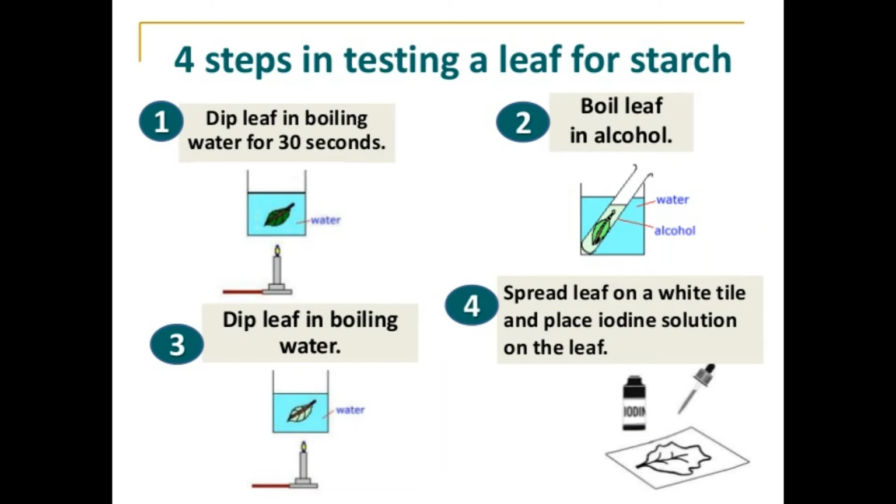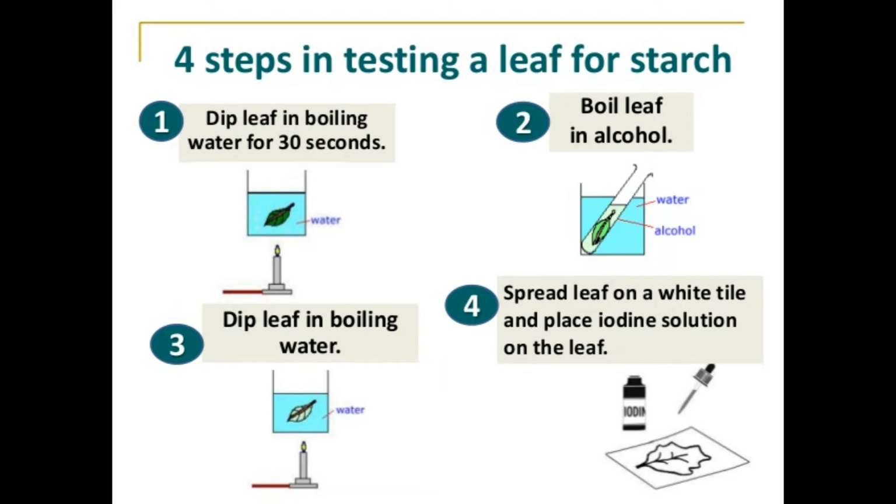Now wash the decolorized leaf. The green color will be gone. Wash it with water to remove any chlorophyll sticking to it. If there are some remnants of chlorophyll, they will also be gone when you wash it well. Now pour dilute iodine solution from a dropper over the decolorized leaf.